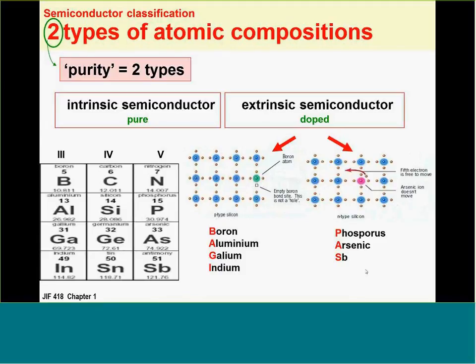So basically, you should know that by doping with phosphorus, you are going to get N-type. So just remember it easily. And you can remember that this one is aluminium, and on this side is arsenic.